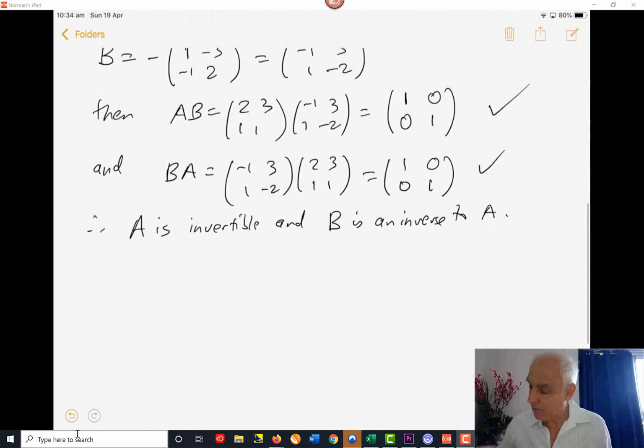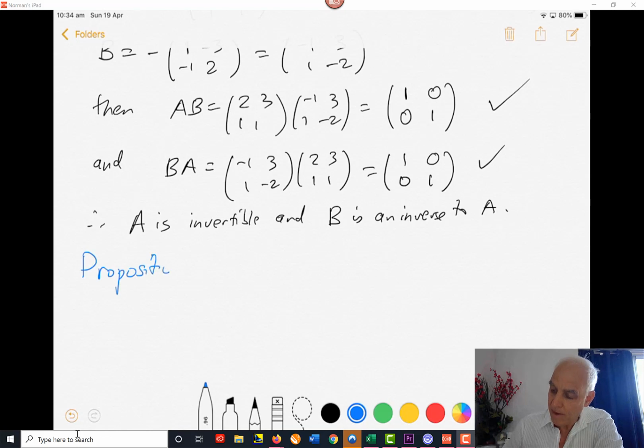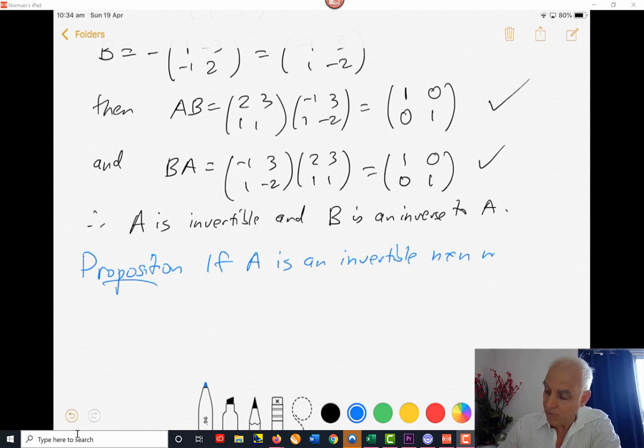Great. Now let's establish a proposition that gets rid of this indeterminacy of the inverses. The proposition is that if A is an invertible n by n matrix, then its inverse, A inverse, is unique.